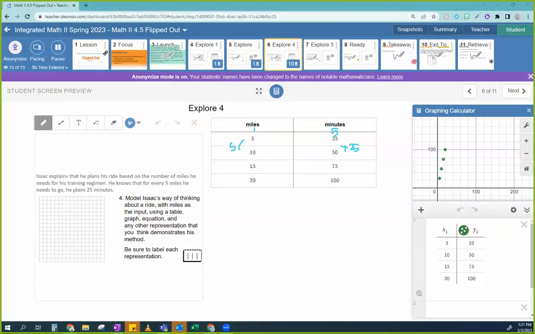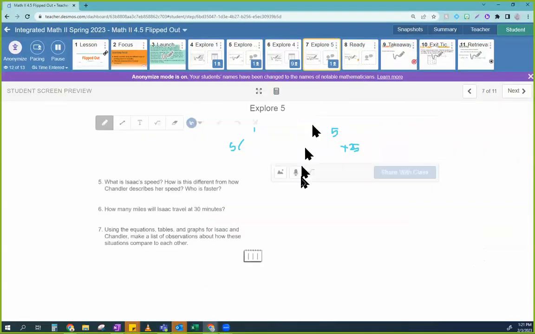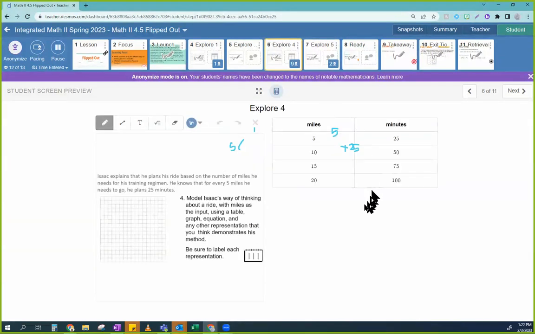Okay, so let's see what else we got. So over here, we already did this part. So here's the problem. What is Isaac's speed? Okay, so let's figure out Isaac's speed. When we talked about this before, whenever you're looking at your dashboard when you're driving, it'll always tell you miles per hour. So does anybody see how I would be able to figure out how many miles per hour?